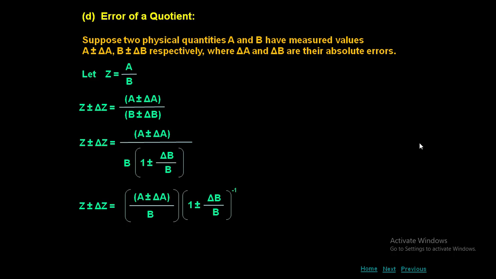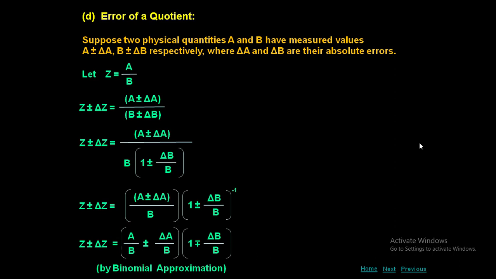So Z ± delta Z equal to A ± delta A by B. In the expression, 1 ± delta B by B is written in the numerator by taking the power minus 1. So Z ± delta Z equal to A by B ± delta A by B. Now here, if you see the second term 1 ± delta B by B, I am going to use binomial expansion.